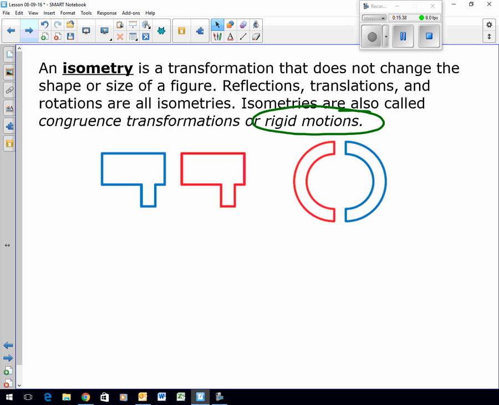We move it around, so to speak, but it doesn't change. Soon, coming up, we'll talk about another transformation called dilation. Dilations make things get bigger or smaller.